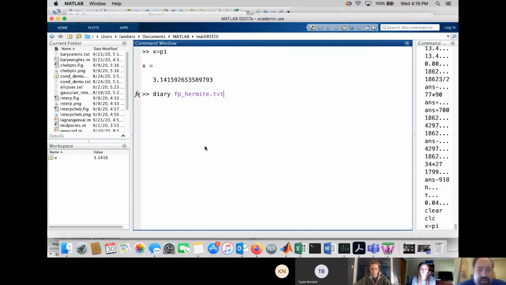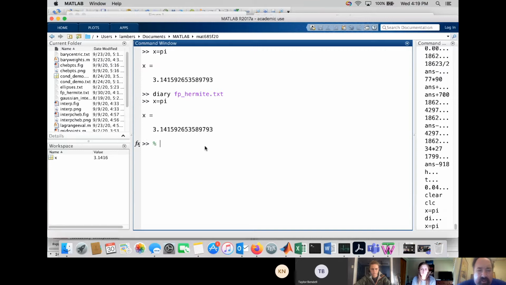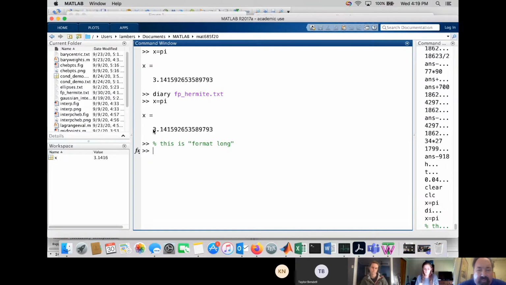It's not the only thing I'm planning to do in MATLAB today, but if I set x equal to pi, what we have here is when you type format long, because the numbers represent the same internally no matter what, 15 decimal places, versus format short, and this you've also seen.